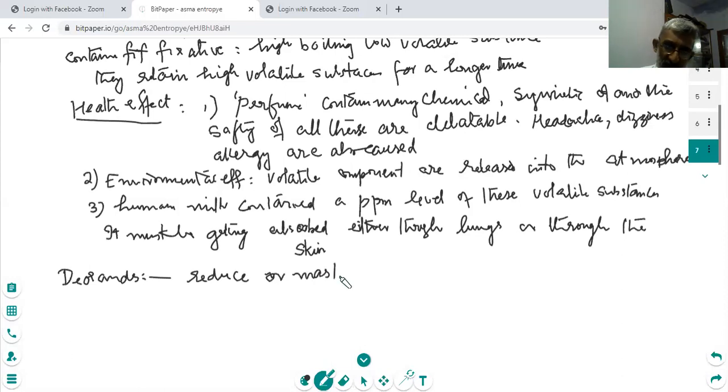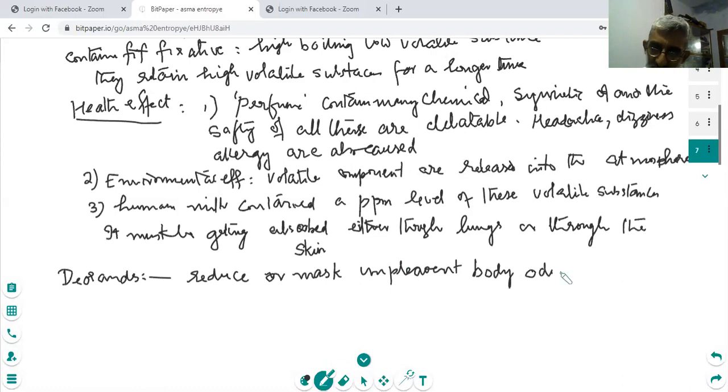Masking means you just cover it up. That's the word meaning of masking. Unpleasant body odor.